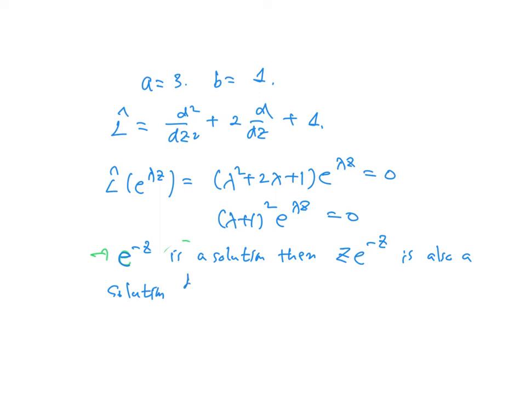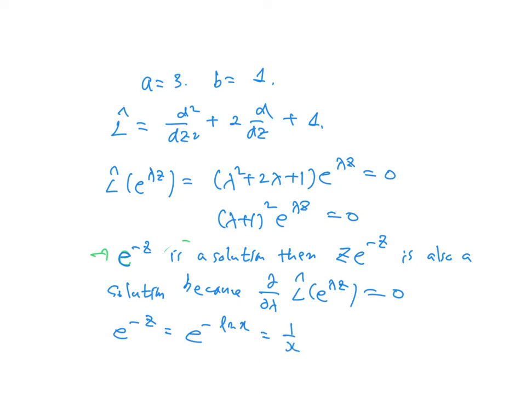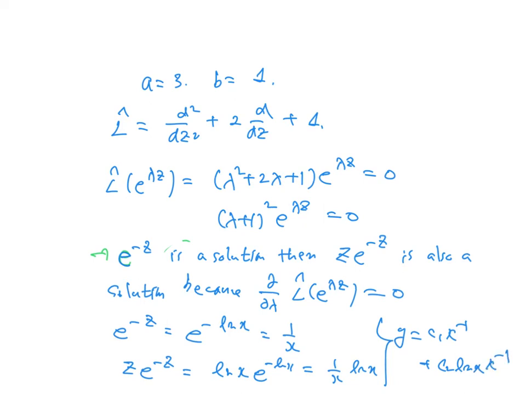Because partial lambda of L exponential lambda z is also 0, right? So exponential minus c is exponential minus ln x, which is 1 over x, and z exponential minus c is ln x exponential minus ln x, which is 1 over x times ln x. So the general solution will be c1 x to the minus 1 plus c2 ln x times x to the minus 1.